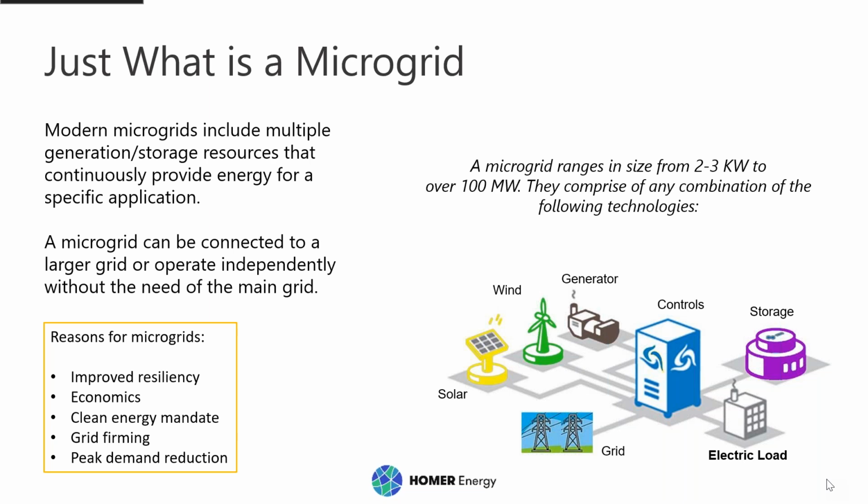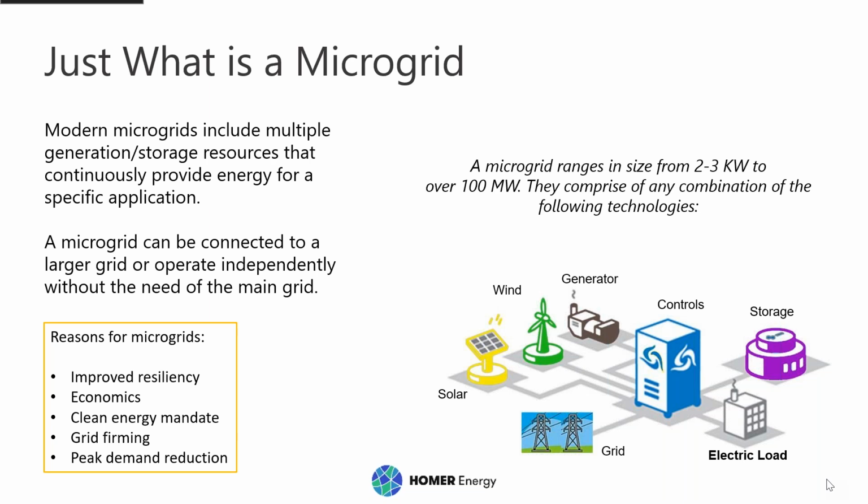And there's a lot of reasons why people are exploring this new industry. Some of it's because of a weak grid. You have a lot of power outages and you want to sustain energy for a particular application. Economics, which we'll talk about in a moment. Perhaps clean energy mandates that are stated by the government.